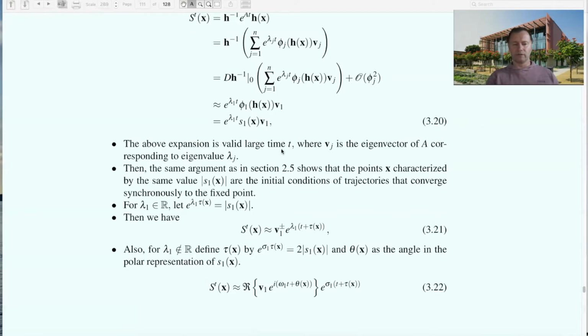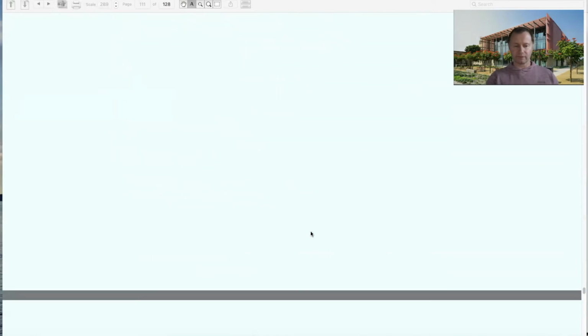So that is really coming from this expression here as soon as we replace S_1 with the appropriate exponential expression.